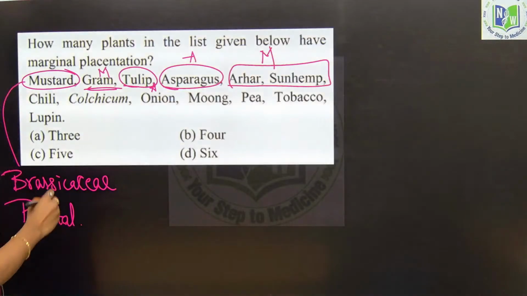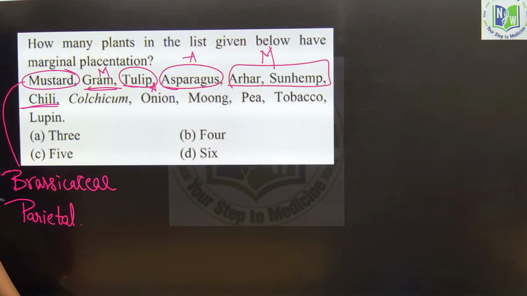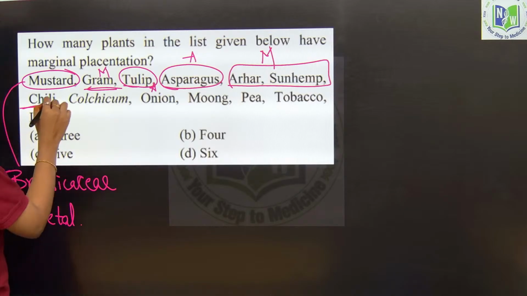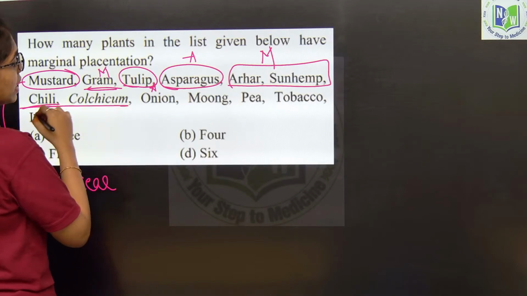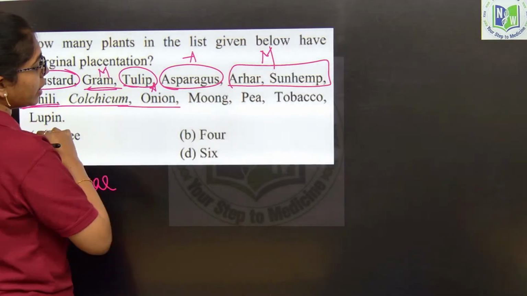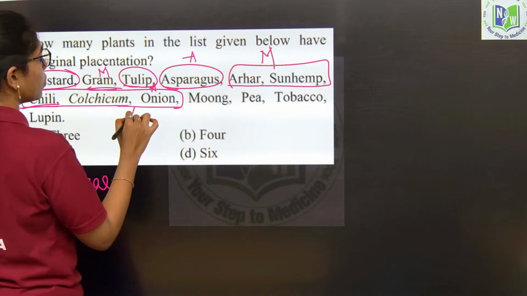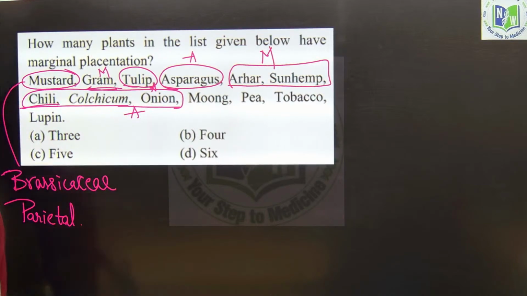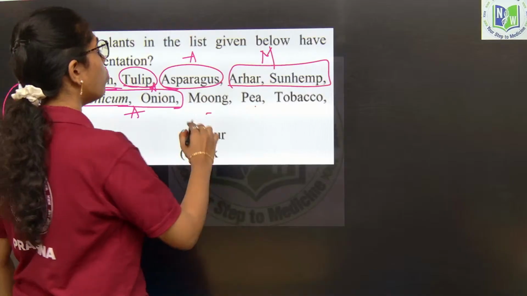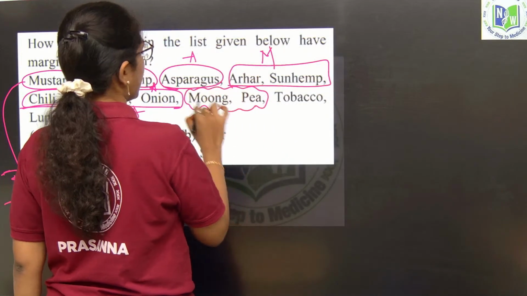And then chili, which is a Solanaceae member, which is of what placentation? Solanaceae, axile placentation again. Colchicum, Liliaceae, axile placentation. Onion, Liliaceae, axile placentation. So 3 of them are having what? Axile placentation only. Next mung, pea, both of them again marginal placentation.